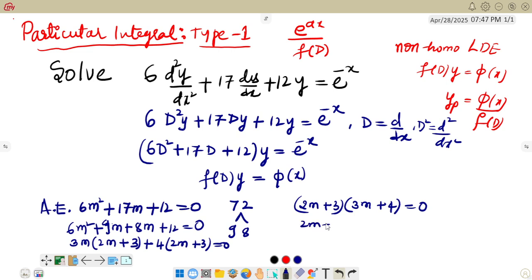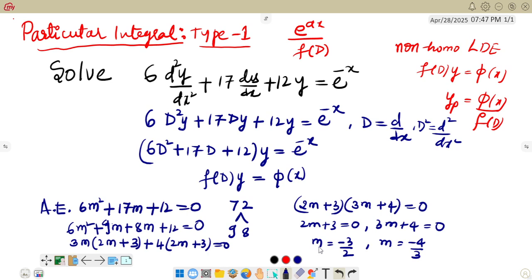So 2m plus 3 is equal to 0 as well as 3m plus 4 is equal to 0. Here m is minus 3 by 2: transfer plus 3 to the right side, you get minus 3, and cross multiply 2. And here m is equal to minus 4 by 3.